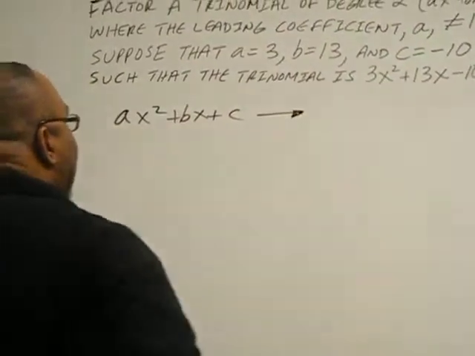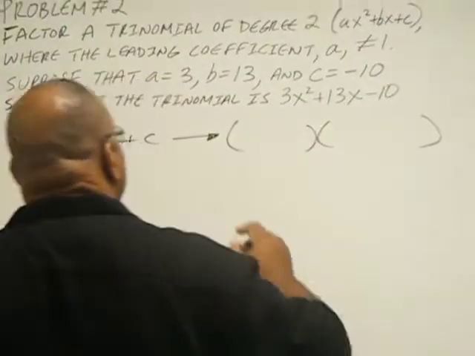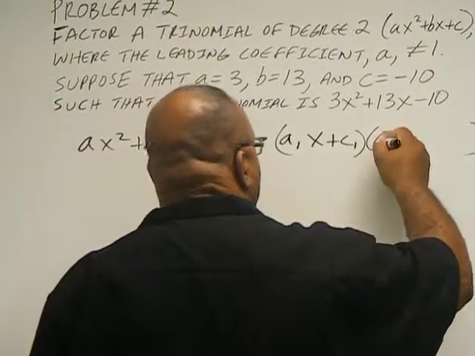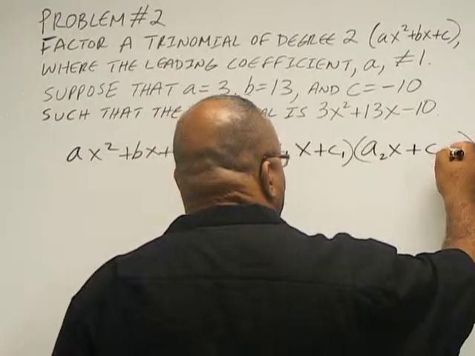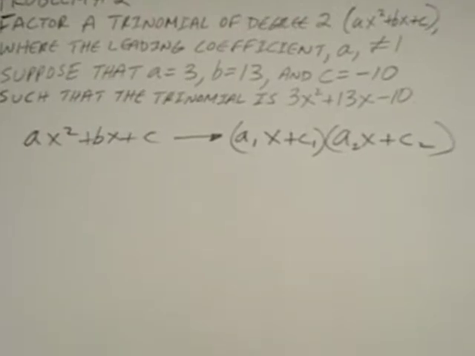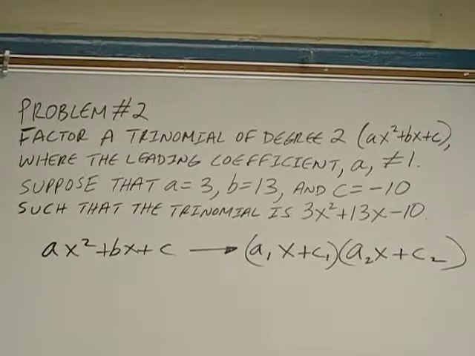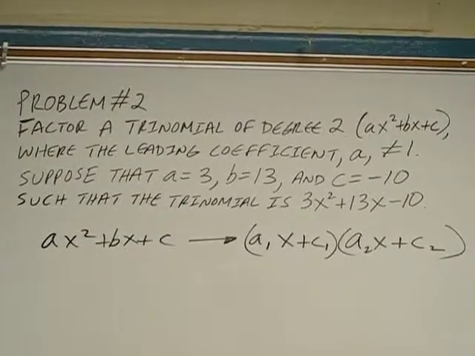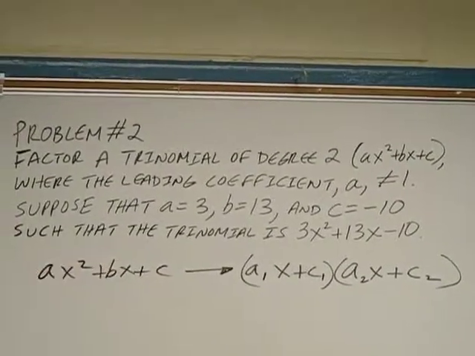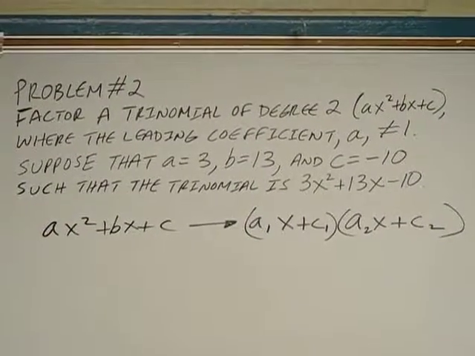We're trying to convert from that to the following, where in fact a1, c1, a2, and c2 are numbers such that when we remultiply the 2 binomials back together, we'll end up getting our original trinomial.